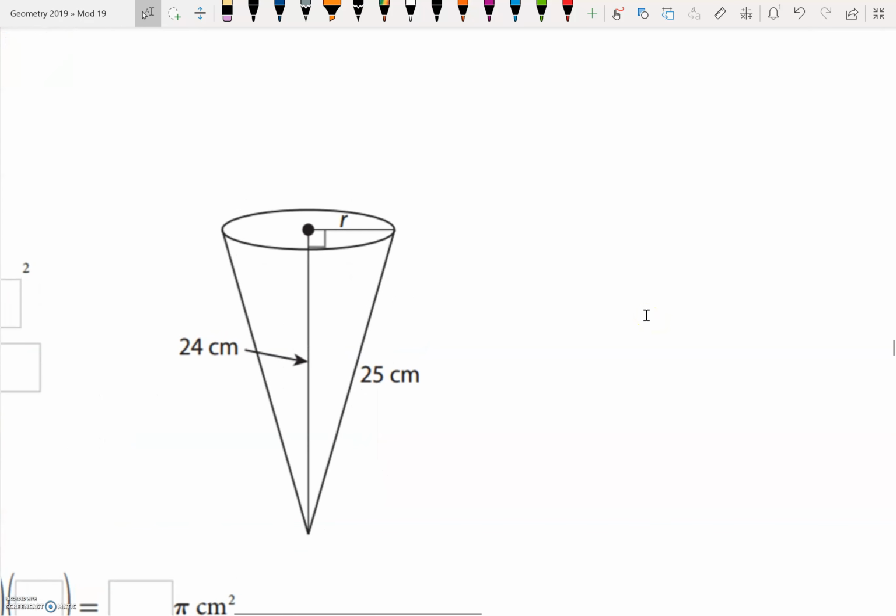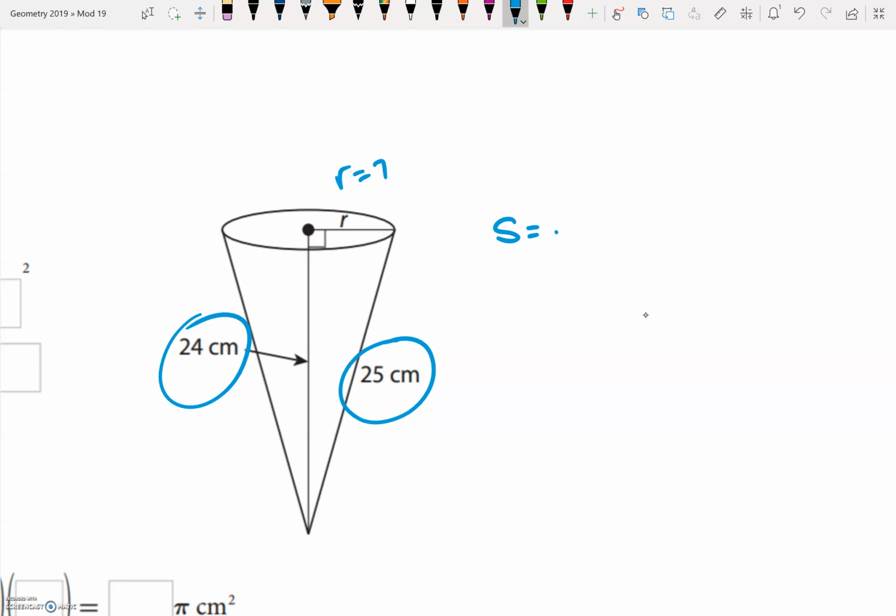All right, this is another Pythagorean triple. You can check yourself, but I'm pretty sure that r is 7. So we have pi r squared plus pi r L. We have pi, r is 7 squared, pi times 7 times 25.